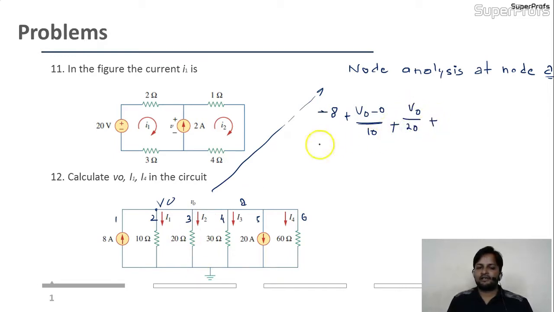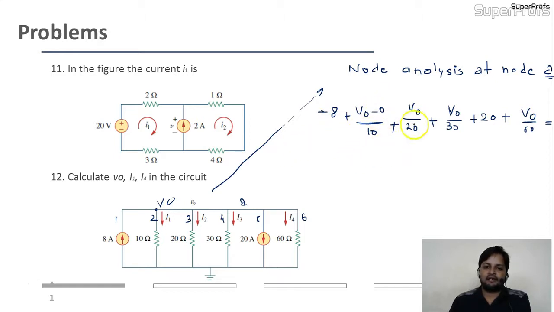Next come to 30, V0 divided by 30. Next, plus 20 is the outgoing current. That's why I'm writing plus. Next is V0 by 60, equal to 0. This is the first branch, second, third, fourth, fifth, and sixth branch.